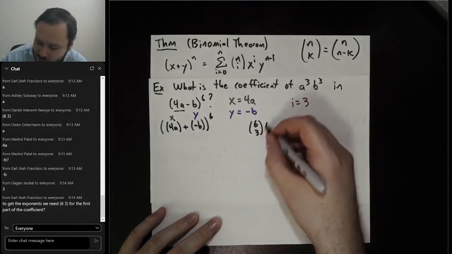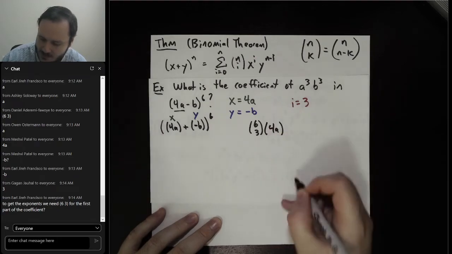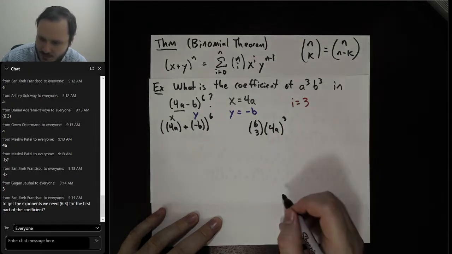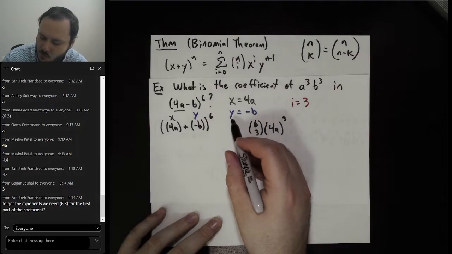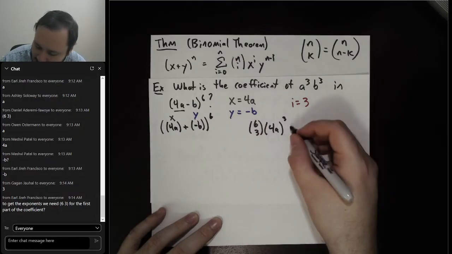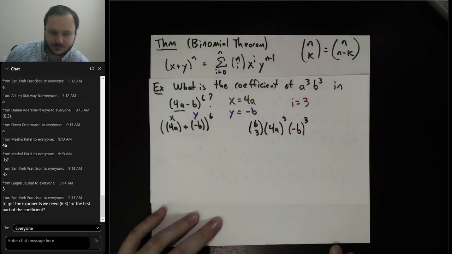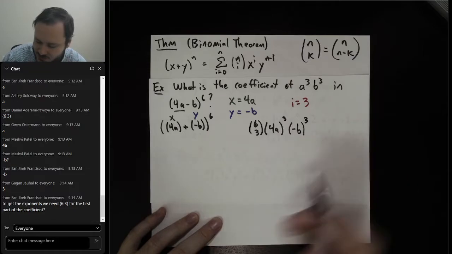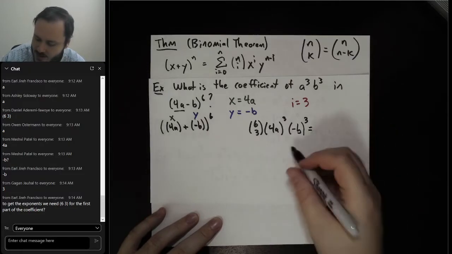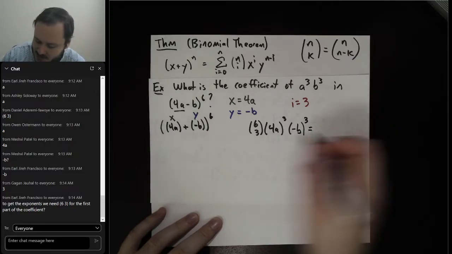My x is 4a cubed, and my y is negative b cubed. And so if I want the coefficient, I just have to do a little bit of work here. Negative b cubed is a minus sign out front.